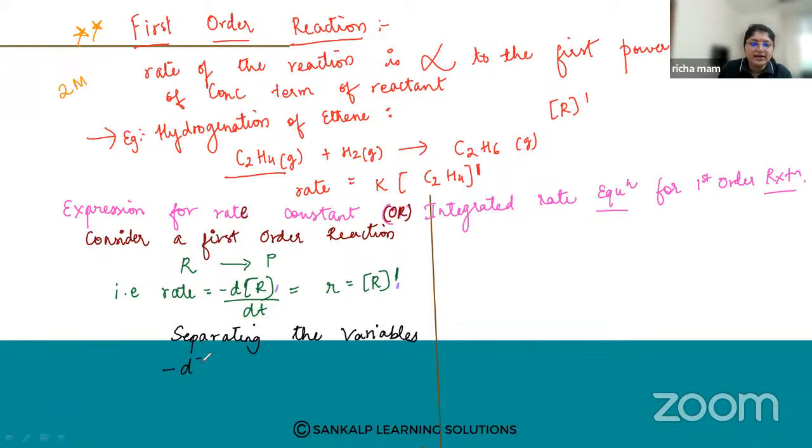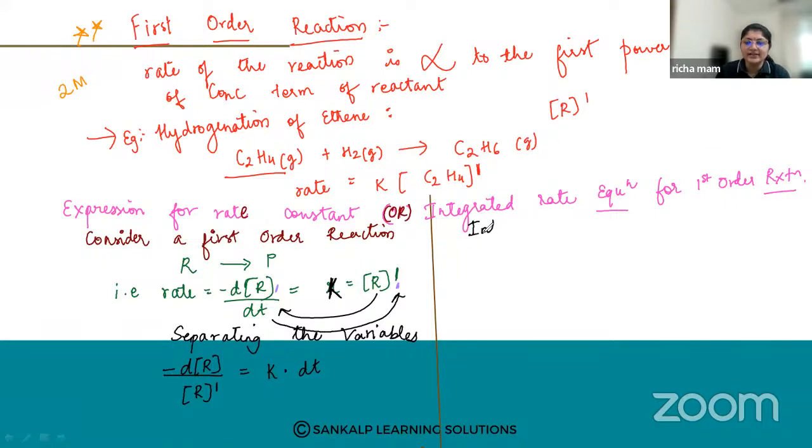So it is minus d[R] by [R], raised to 1; if you don't write 1, it is understood to be 1, is equal to k into dt. This dt I have transferred to the other side. So R on one side, and K dt on the other side. Now what is the next step?